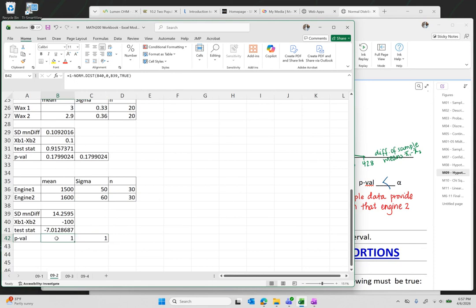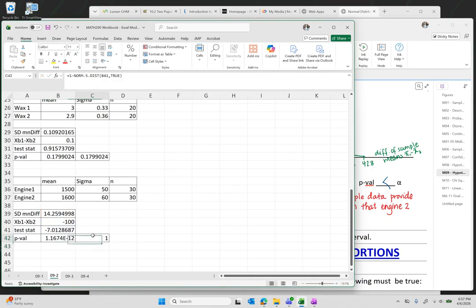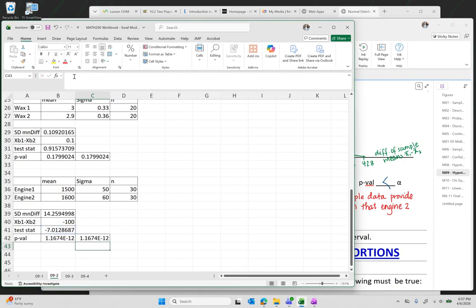However, the p-value for this particular problem is the left tail, which is the normal CDF. So here we want to remove this 1 minus and just use the normal distribution CDF. And here we want again to remove the 1 minus and just use the normal distribution CDF. That will give us the area to the left tail.